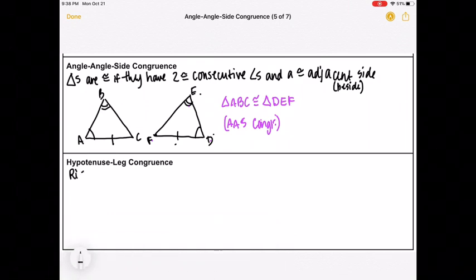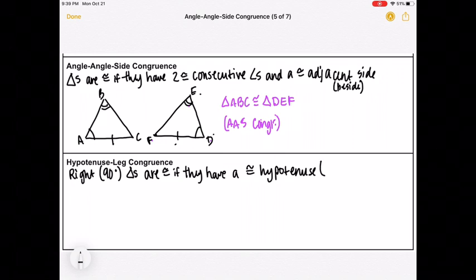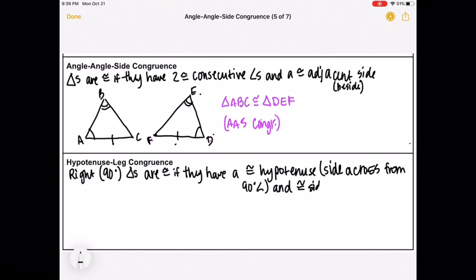All right, so I'm going to say right or 90-degree triangles are congruent if they have a congruent hypotenuse, which if you don't remember that from, I don't know, 8th grade or something, that is the side across from the 90-degree angle, or it's also the biggest side, and they also need one congruent side.